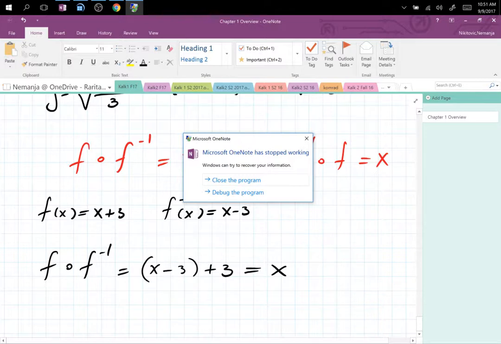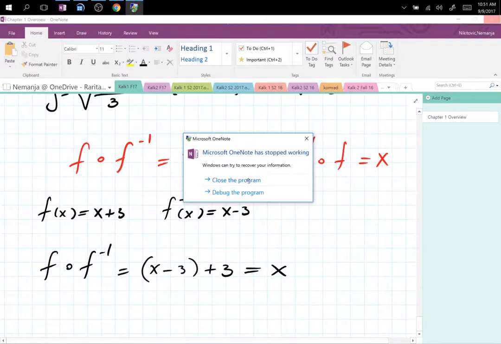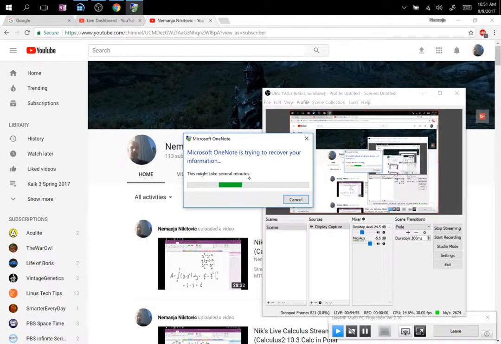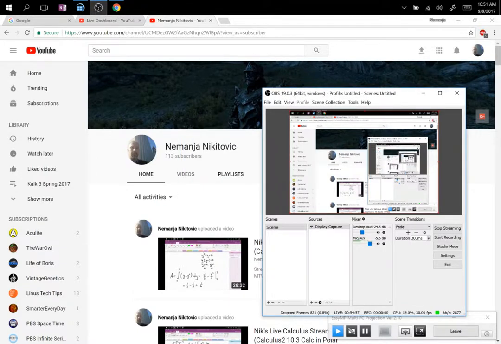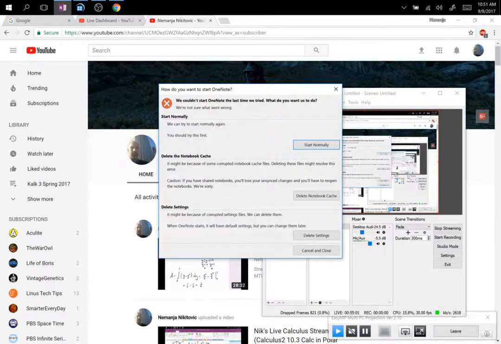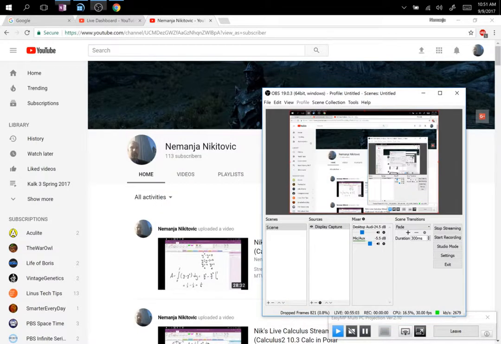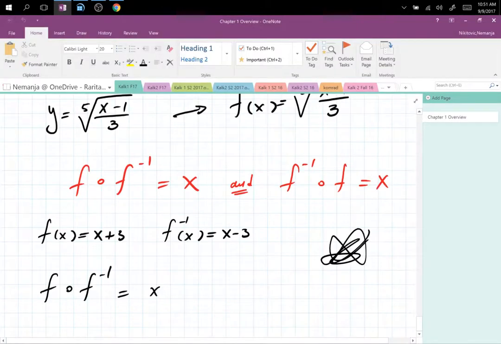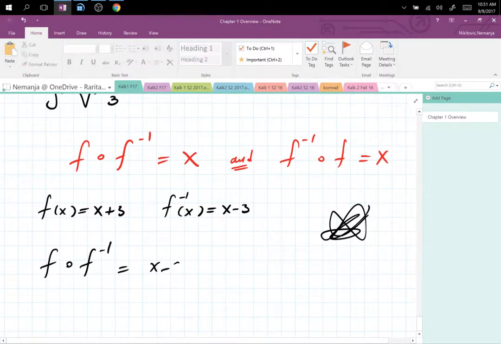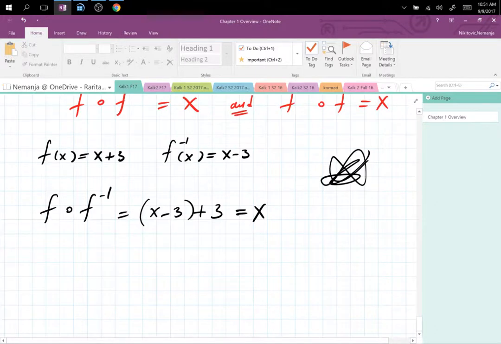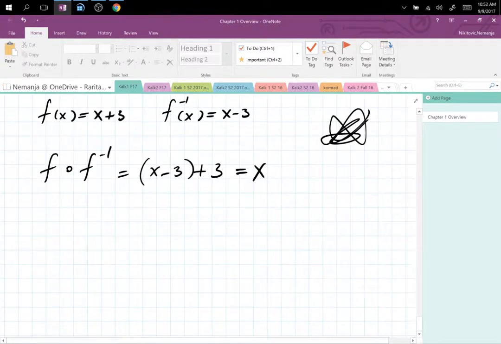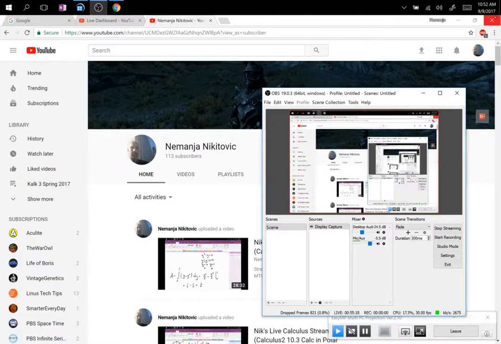I guess it's time for a break. Come on. Why? The interesting thing is that this only happens on this tablet. The previous tablet is not giving me these issues. So this is actually the newer version, and I don't know why it's doing this. I tried everything. All right, actually, you know what? Let me do it myself.